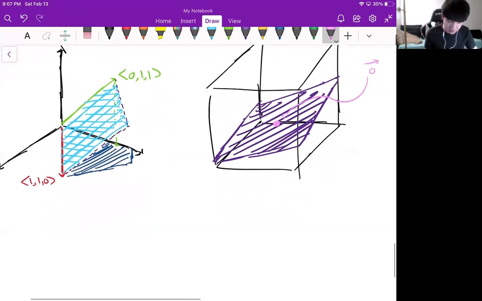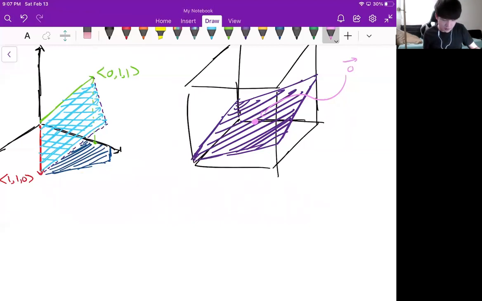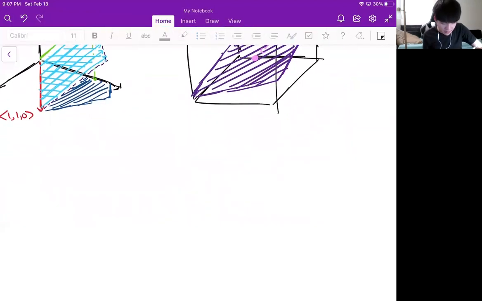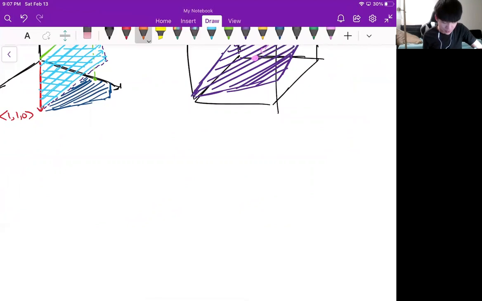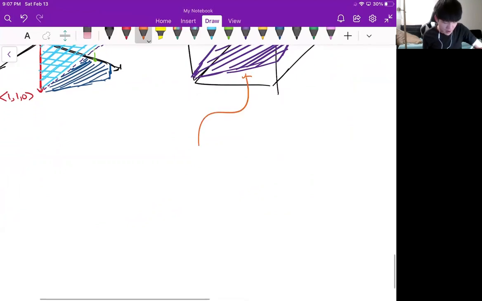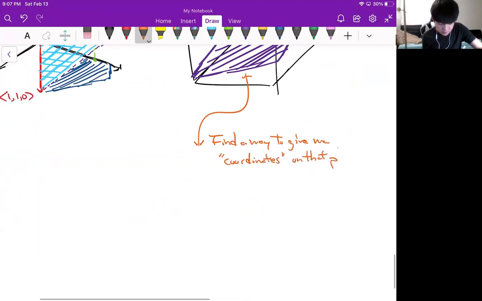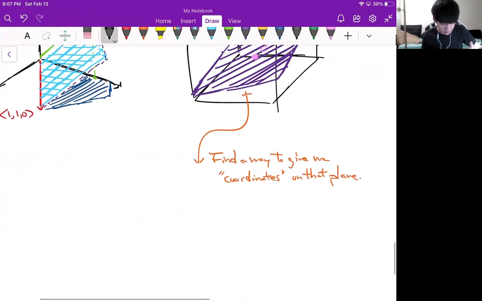In particular, I would love it if I could find a way, because this looks an awful lot like a plane, to give me quote unquote coordinates on that plane. So I want to find a meaningful way to assign coordinates.